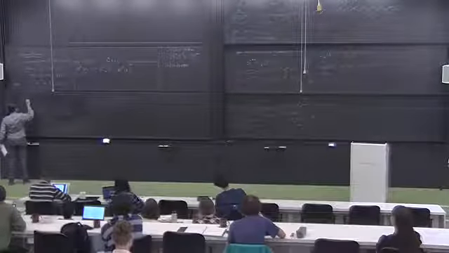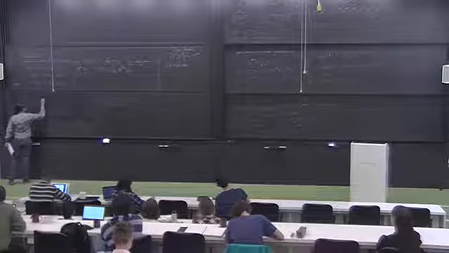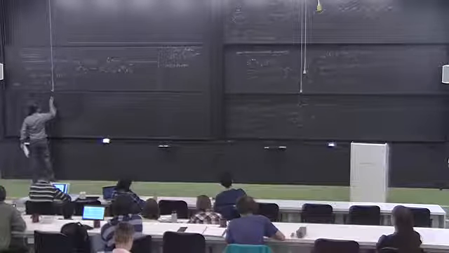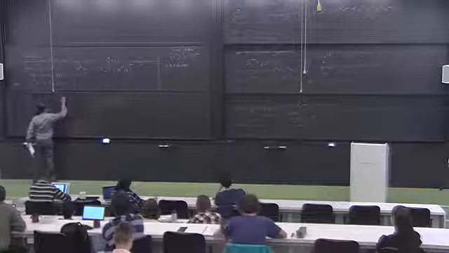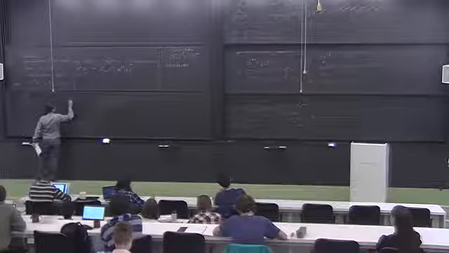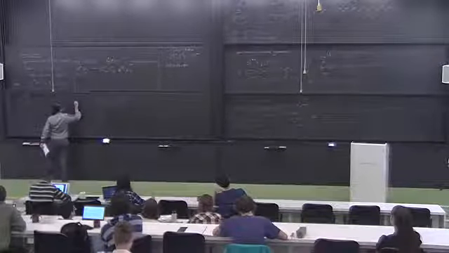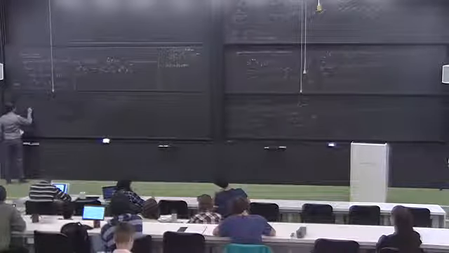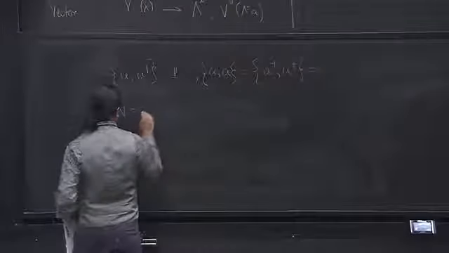So the idea of a fermionic creation annihilation operator is, suppose you have an operator A and A dagger, and they satisfy this relationship. Then you can construct a number operator.